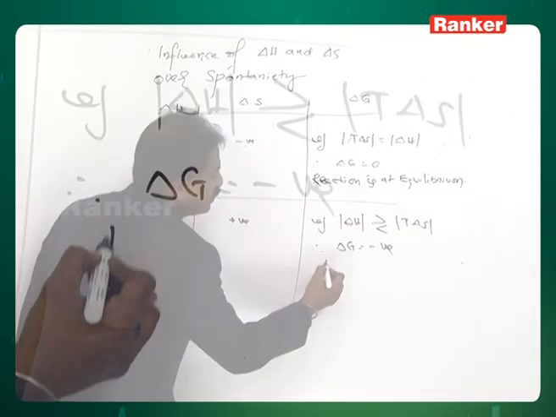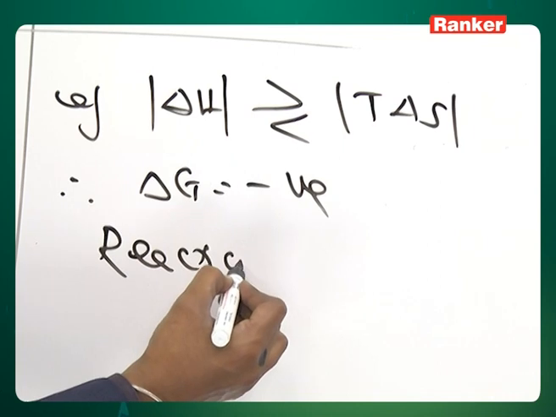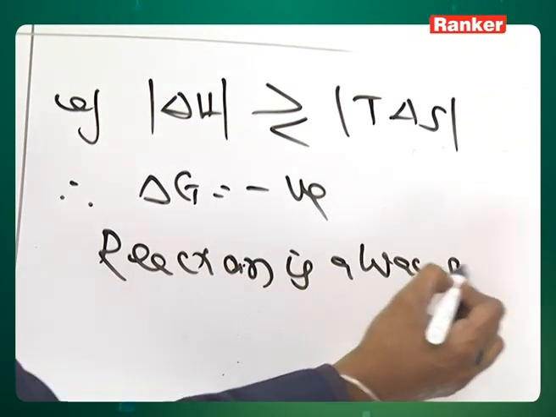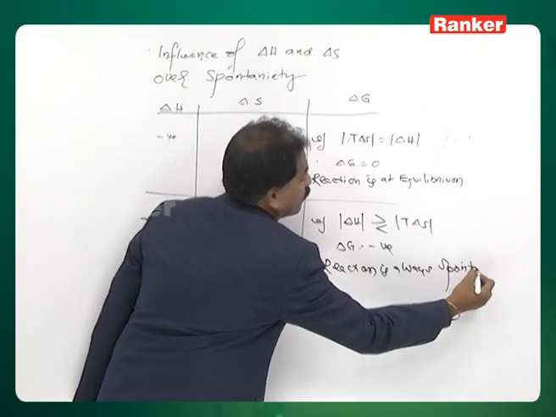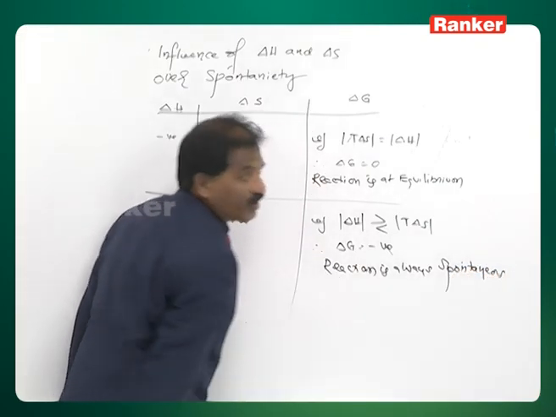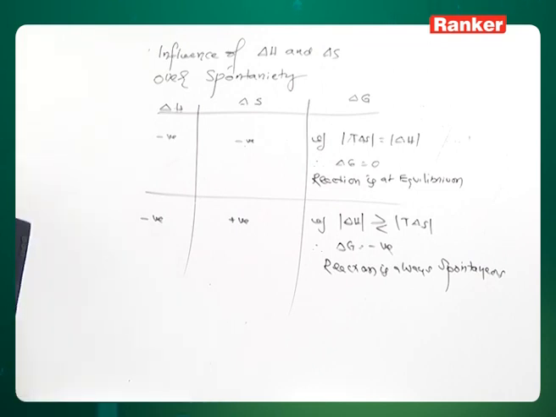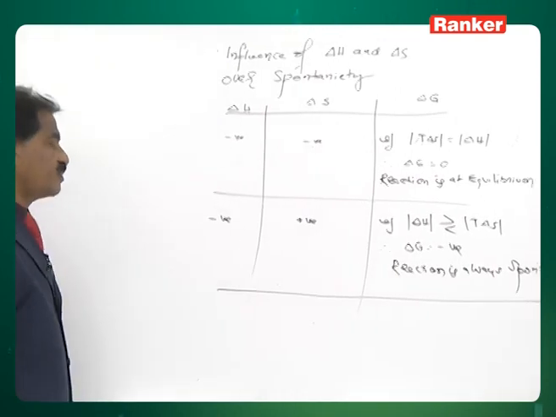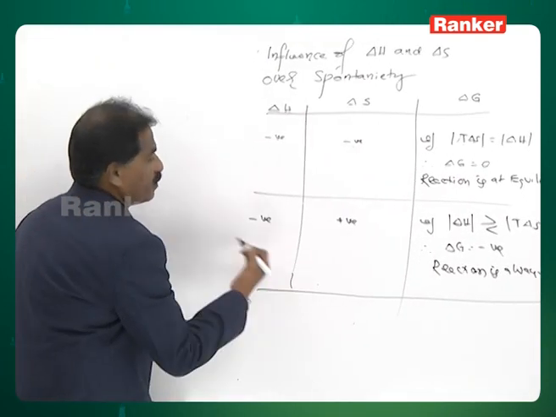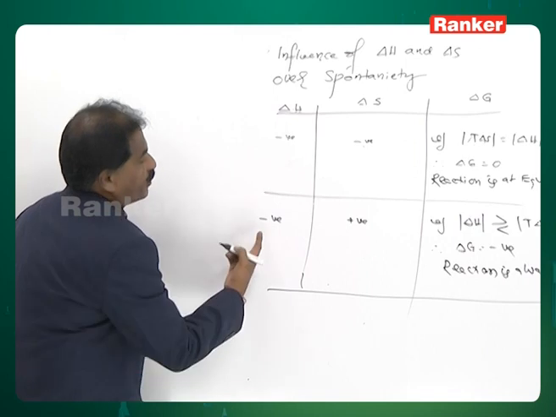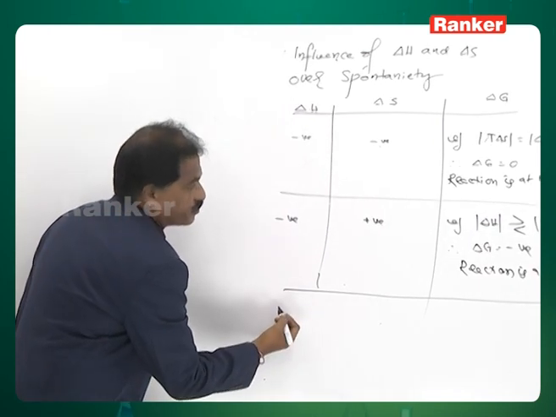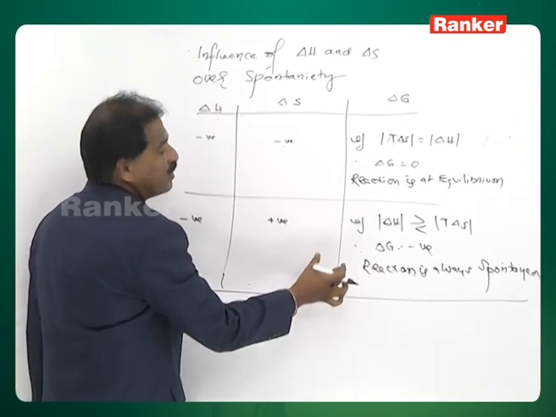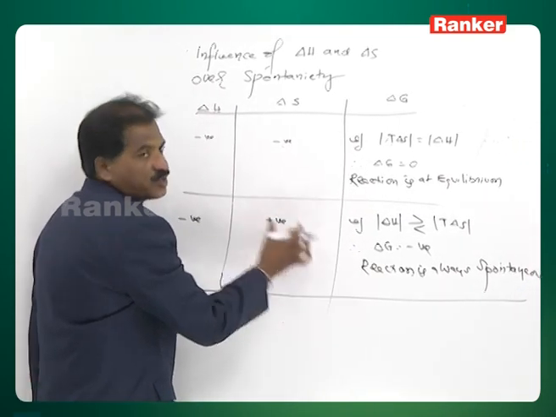The reaction is always spontaneous. So, for a given reaction, this is the condition at which the reaction is at equilibrium, and this is the condition at which the reaction is always spontaneous.